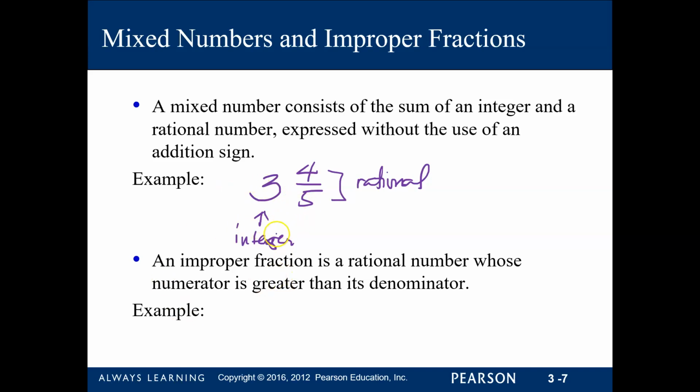Now, another way of showing fractions would be what we call the improper fraction. When you have an improper fraction, the numerator is greater than the denominator. So for example, if I have 19 over 5, this is an improper fraction because 19, the numerator, is higher than 5.